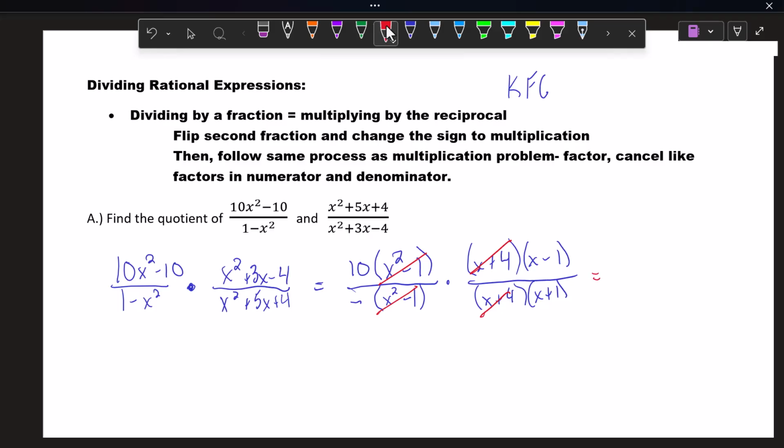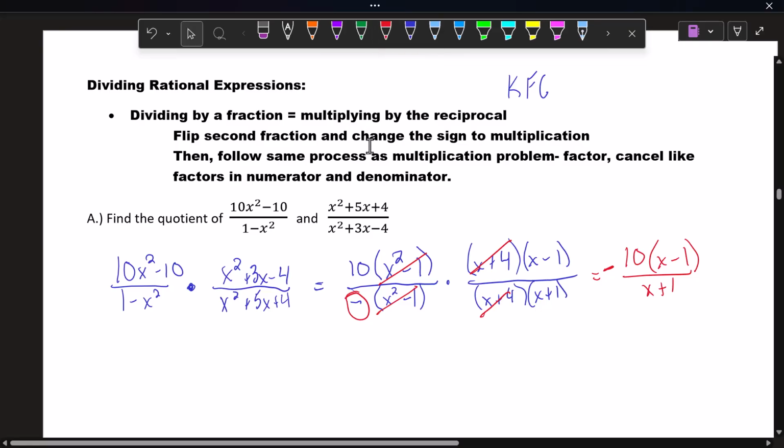So now what we have is 10 times x minus 1 over x plus 1. And we got to keep that negative somewhere. And the whole thing is just negative. You could put it with the numerator or denominator, but it's the same thing. So really, dividing is the same thing as multiplying, and multiplying is the same thing as simplifying. So that's really all we're doing.